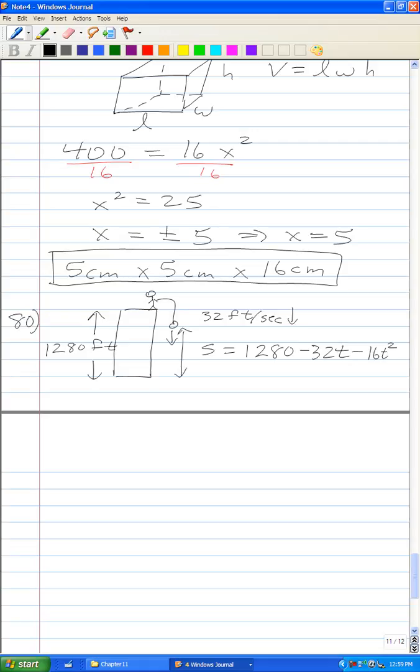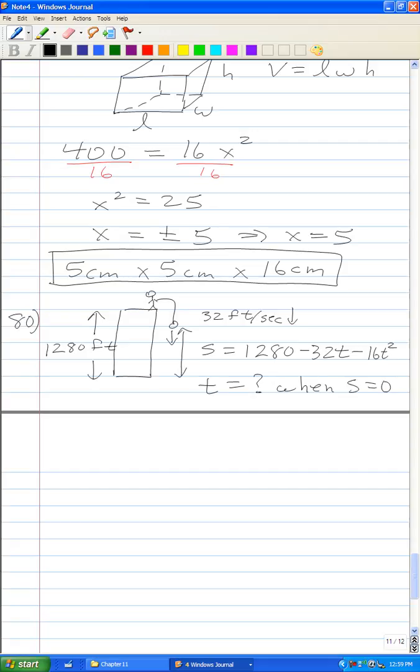Meaning, how long before there is no distance between that object and the ground? And so, since the distance above the ground is measured by s, then I want to figure out what is t when the distance above the ground is 0.